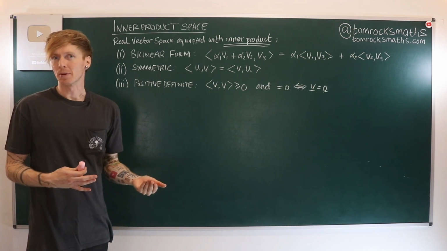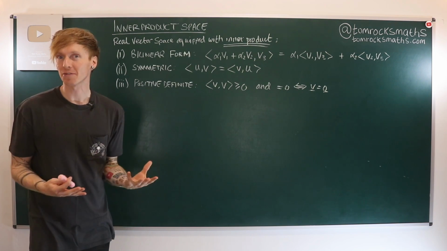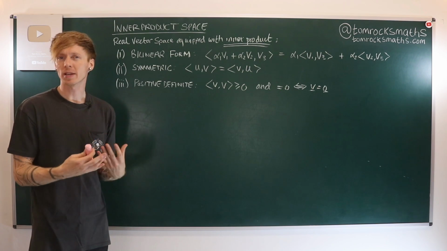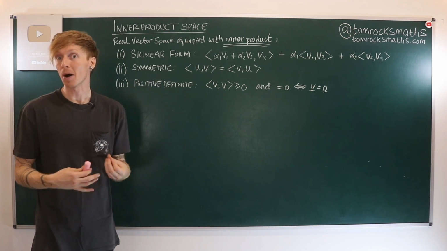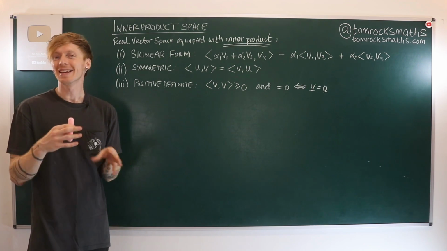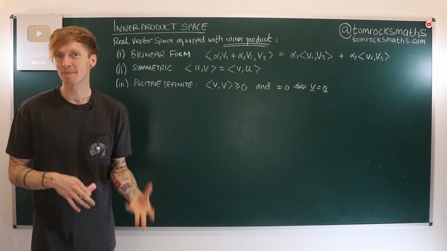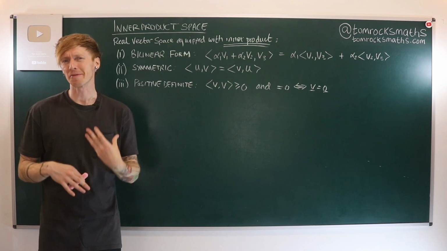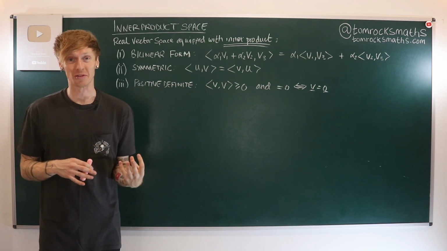Our second example is going to come from a completely different vector space. Here we're going to be talking about functions, and in particular polynomials, within the polynomial vector space. When working with polynomials, we actually define the inner product using an integral.